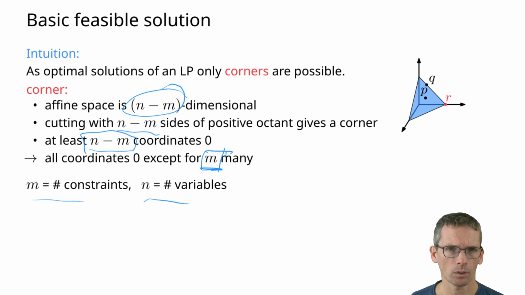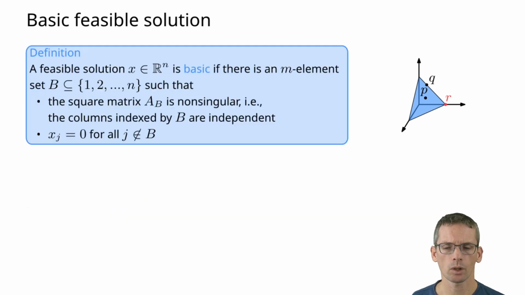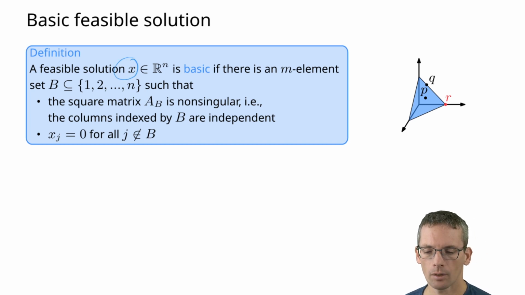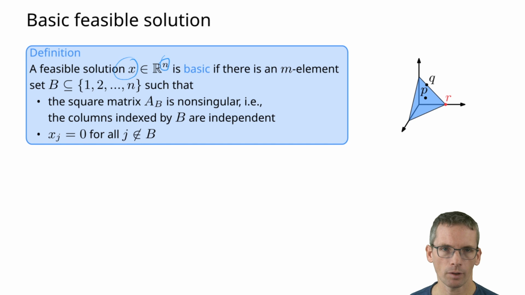So this idea is formalized by the concept of basic feasible solutions. So what is a basic feasible solution? We are looking at feasible solutions. We have n variables, so they live in R to the n.